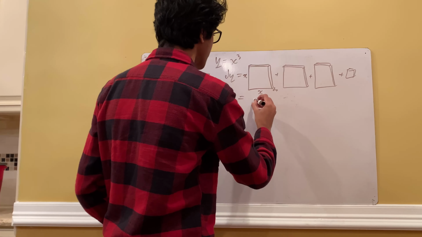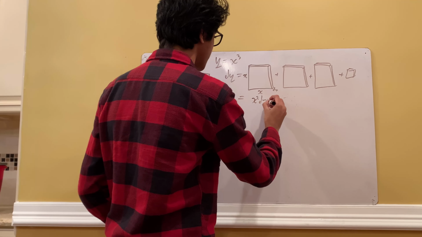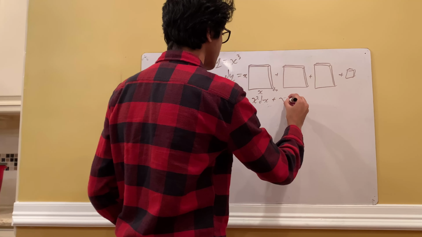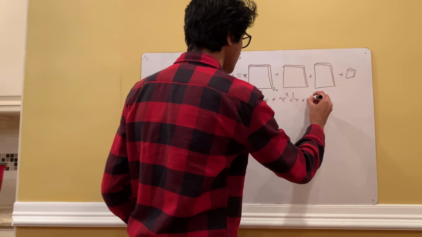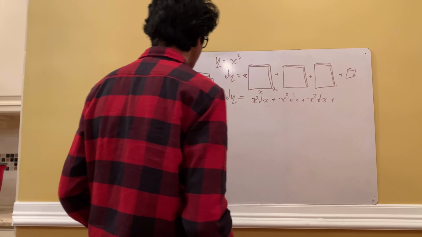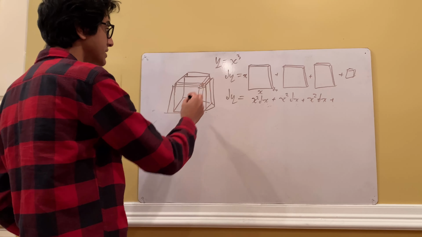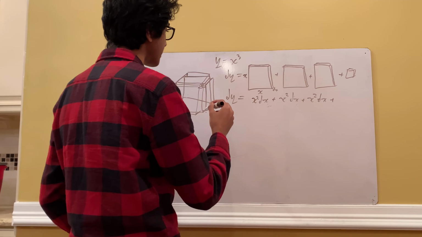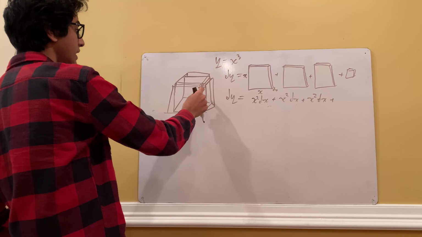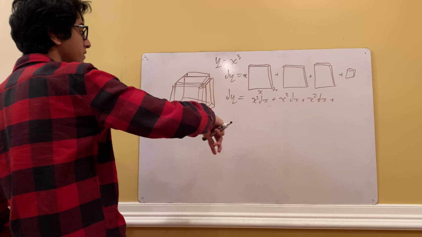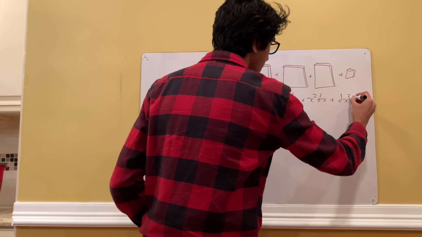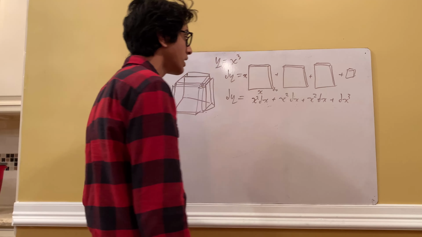So it's x squared dx. Plus, same thing for this one, x squared dx plus x squared dx plus, this would be dx cubed, because it's a very small cube whose length is dx, its height is dx, its width is dx. So dx cubed.